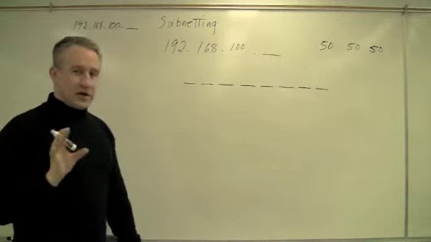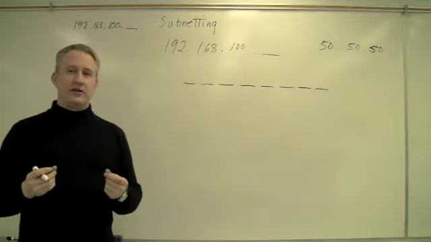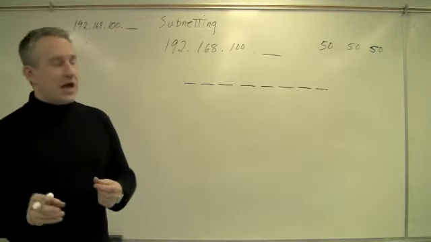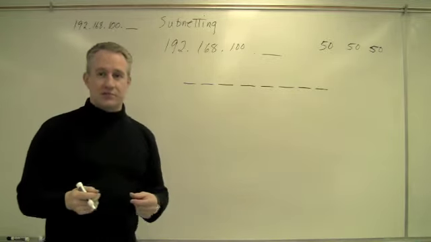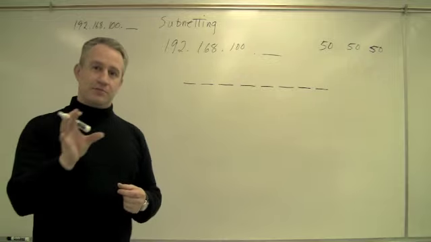Now, there are a couple of different formulas that we can use for this. We can figure out how many subnetworks we can create using one formula, and we can use another formula to specify how big the subnets are, how many hosts there are per subnet.